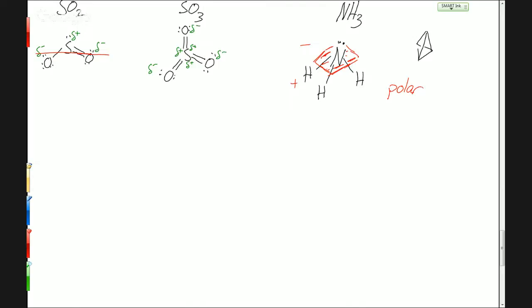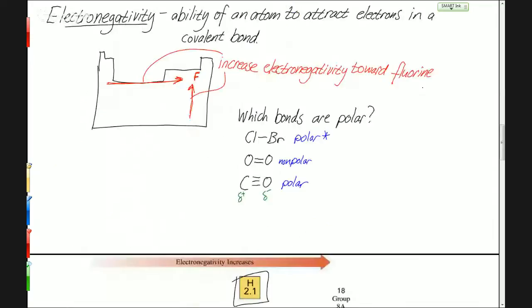You should know in general the general directional trend. So you would expect that anything to the right of something else, there would be a polarity difference. Anything above something else, there would be a polarity difference. That's not always true across the periodic table, but if you just remember that, I wouldn't ask anything weird in the middle that doesn't fit that. Or if I did, I would give you the numbers. So, yeah.